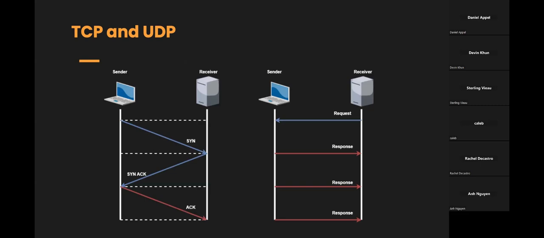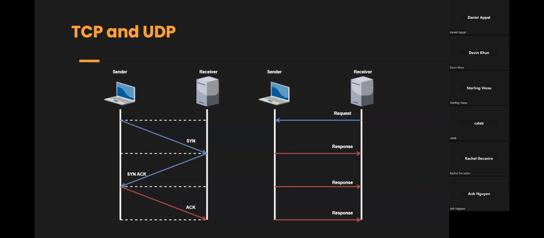Yeah, so this is just a quick example of a TCP handshake versus how UDP works. On TCP, the sender sends the receiver a message, SYN, and the receiver responds by adding ACK and replying with SYN ACK. Finally the sender responds with ACK, and that establishes a handshake, or long-term connection, between the sender and receiver.